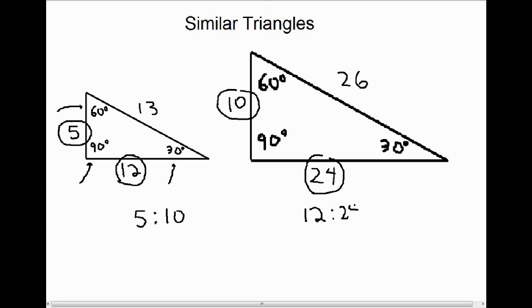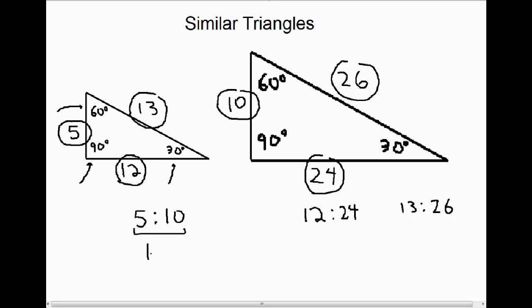And finally, on what's called our hypotenuse, across from the 90-degree angle, between the 60-degree and the 30 degrees, we have 13 units on our smaller one, and 26 units on our bigger one. So our ratio there is 13 to 26. Now, with each of these ratios, if I reduce this to simplest form, for the first one, both of those can be divided by 5.